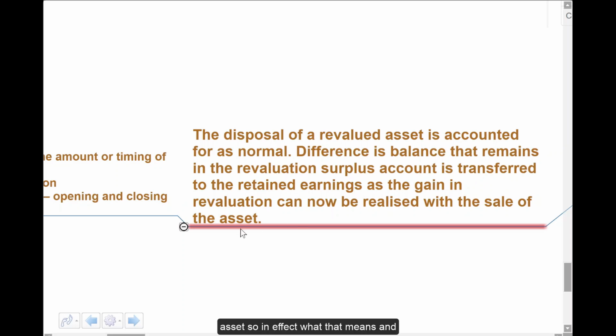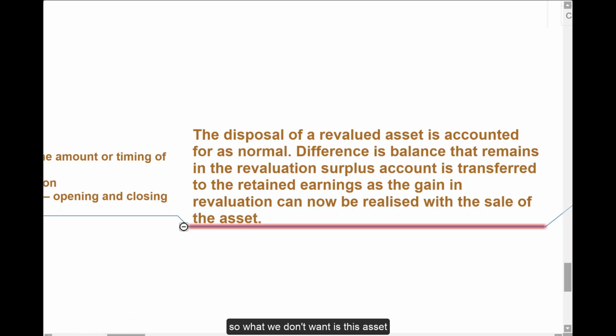So in effect, what that means, and that's quite a lot of information, I understand, is that we must strip out from the accounts, if we have some form of gain still left on the revaluation surplus account, we must realize it, i.e. push it into retained earnings, because the asset is no longer in the business.